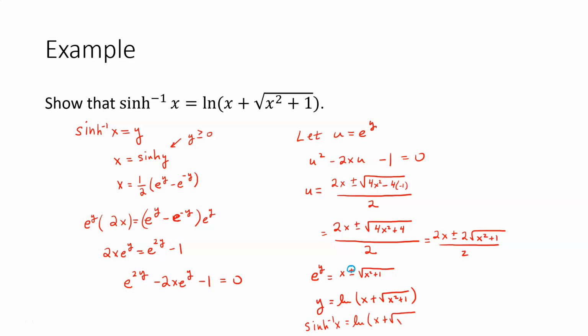It was just a bit of an algebraic problem, solving this equation using a little bit of algebraic trickery. So you could do that for hyperbolic cosine and hyperbolic tangent as well. But we'll leave it at that for hyperbolic sine.